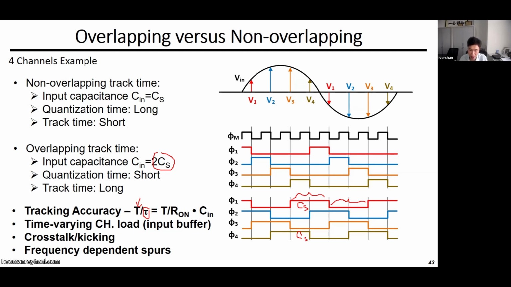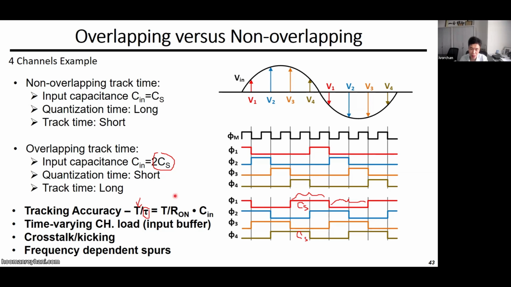With overlapping, the C in actually is 2 CS. So assume we have the same on resistance. In that case, for the overlapping scheme, you will have larger loading, but at the same time, you also have a longer track time. So these kind of counteract each other and make the benefit of the overlapping with more track time less effective.